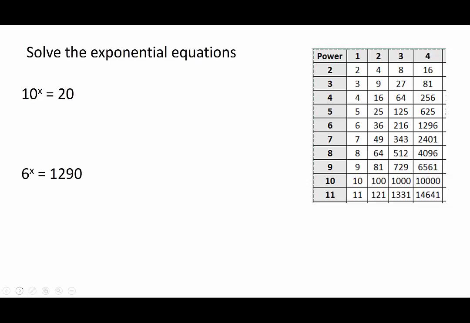Next, what exponent makes 10 into 20? We can see that 10 to the exponent of 1 is 10. 10 to the exponent of 2 is 100. So we're going to guess numbers. Use the exponent button on your calculator. What is 10 to the 1.1?